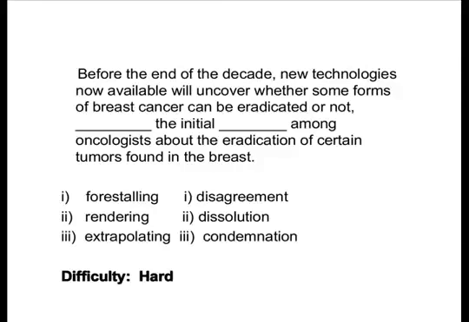Now it makes sense that they may be forestalling because they may have disagreements. And since they have disagreements, they want to hold off arguing about this until the new technologies uncover the truth. That makes the sentence completely understandable.